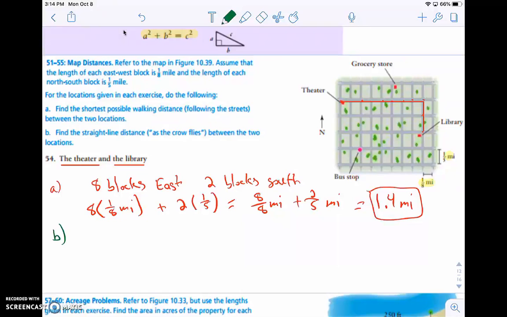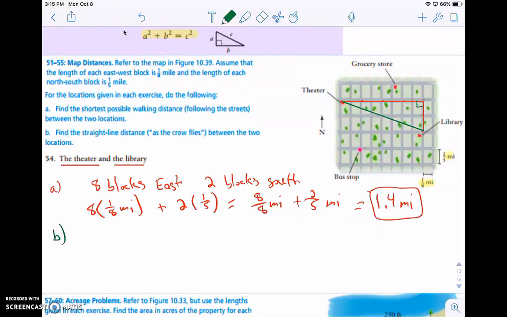Now part B, find a straight line distance as the crow flies between the 2 locations. So this is going straight from the theater to the library, and we can assume that this is a 90-degree angle where we turn from going exactly east to going exactly south.